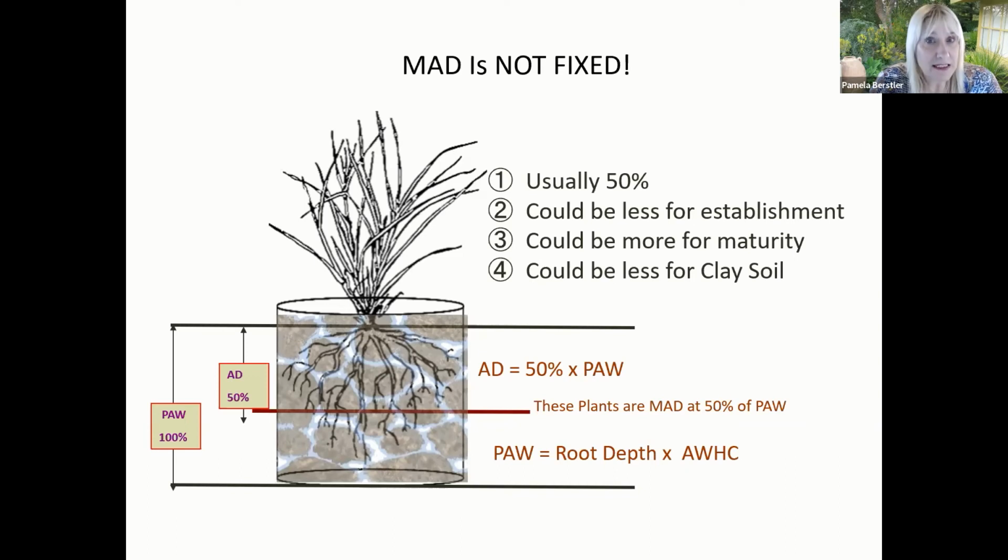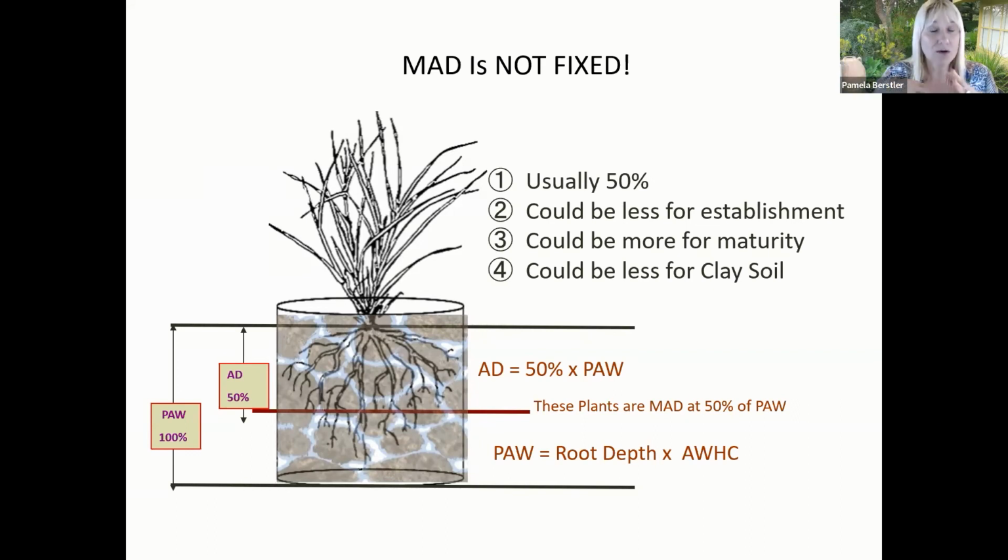Well, if you do need to irrigate, one of the things that you can do is adjust your MAD to be higher. So you make your allowable depletion 70%, or maybe even more, but let's say 70%. And then what that does is it increases the allowable depletion in inches.